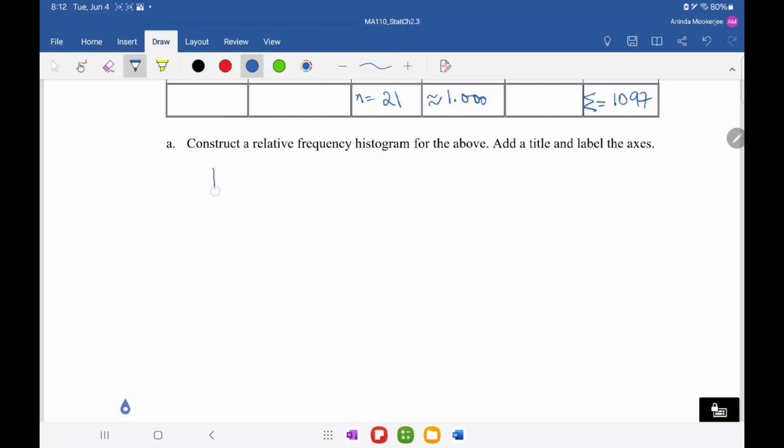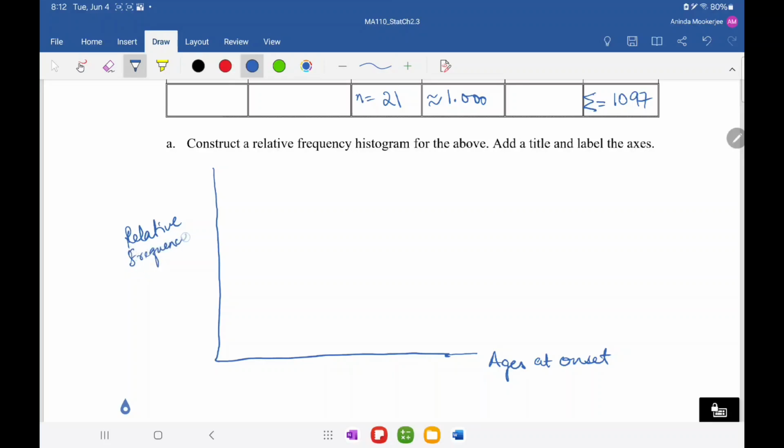So let me draw a vertical axis and a horizontal axis, and I'm going to label the horizontal axis ages at onset of dementia, and this is a relative frequency histogram, so relative frequency is going to be the label of the y-axis.